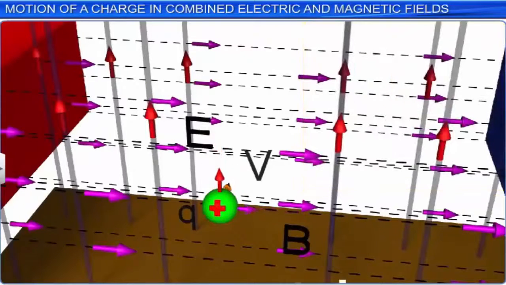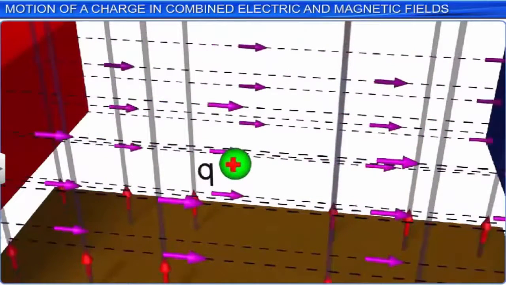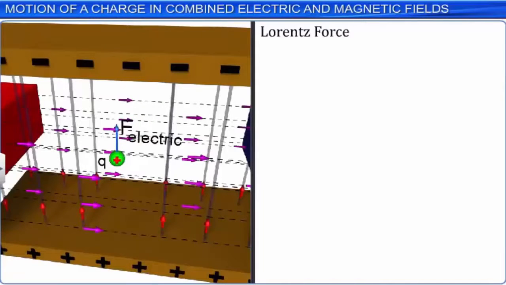When the charged particle moves in both electric and magnetic fields, as shown, the particle experiences Lorentz force F, which is the sum of forces due to electric field, F electric, and the force due to magnetic field, F magnetic.